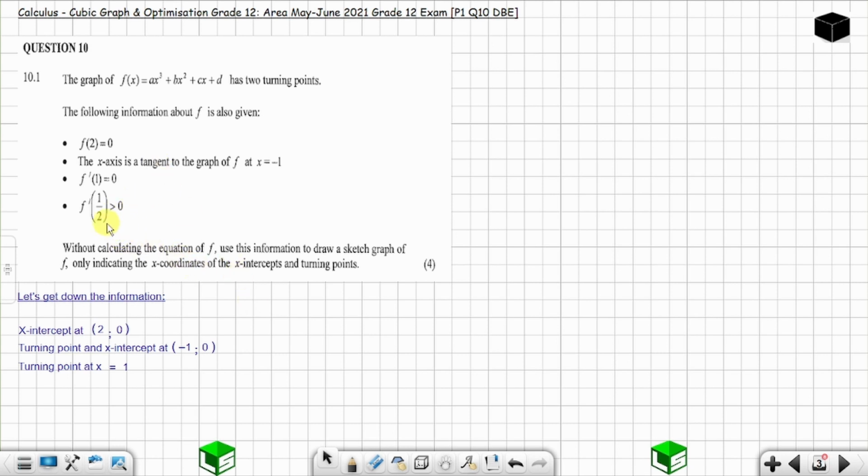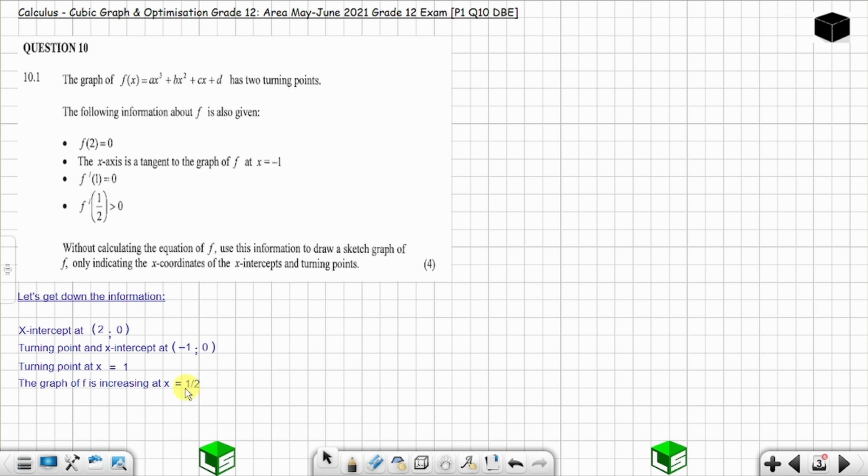But in this case, the first derivative is greater than 0, so the graph is going up, not going down. So let's get this information down: the graph of f is increasing at x = 1/2.